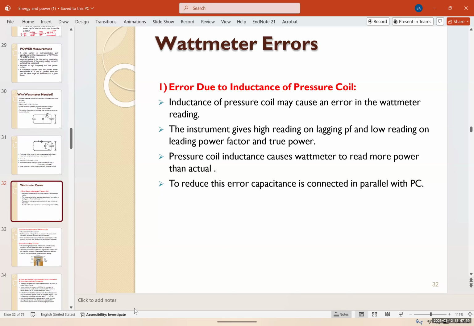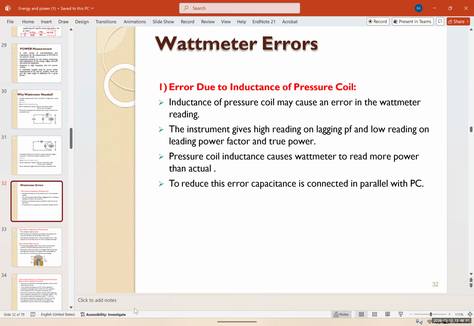Now, we get to wattmeter errors. There are different errors in a wattmeter. The first one is the error due to inductance of the pressure coil. Inductance of the pressure coil may cause an error in the wattmeter reading. The instrument gives high readings on lagging power factor and low readings on leading power factor.